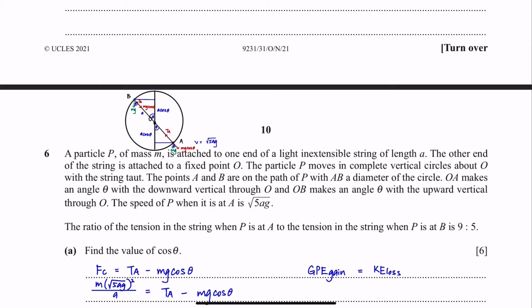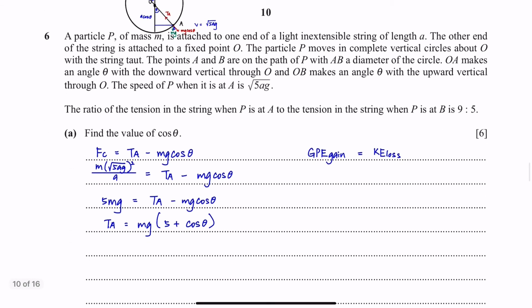So we know that the height increase is 2A cos theta, right? So the GPE gain would be mg times 2A cos theta.